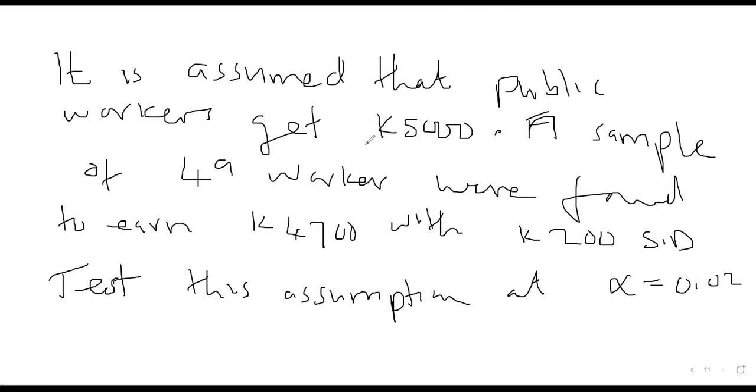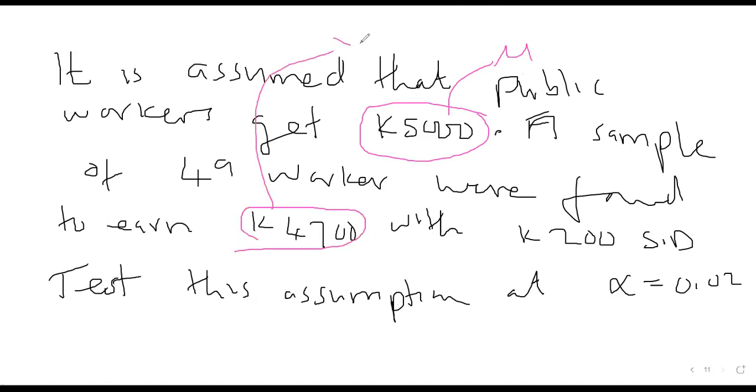So there's a claim on the rumor that civil servants get 5,000. Let's identify which one is our X bar and which one is our mu. You're able to tell which one is your mu because it has no sample size. So this 5,000 is our mu because it's just a rumor or an assumption. And this 4,700 is our X bar because it was actually calculated. There's a sample size of how many? 49. So N is 49. And whenever N is greater than 30, we use Z. So Z is what we're going to read using this alpha level.